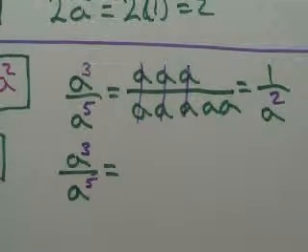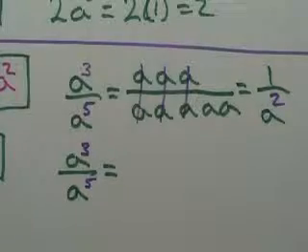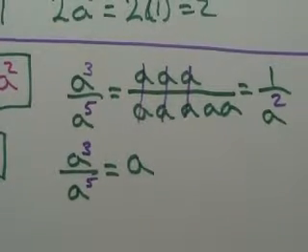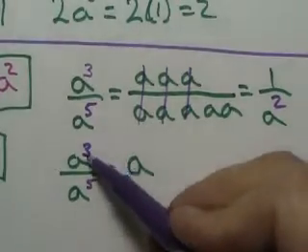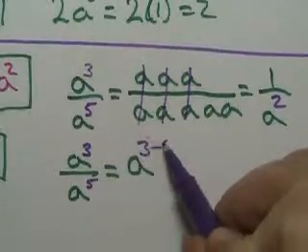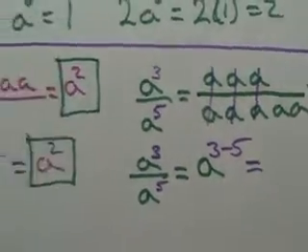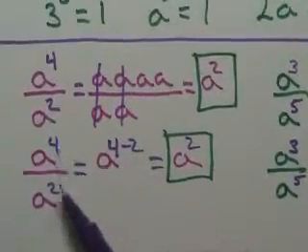Now in the next example, we're just going to go ahead and subtract. So this is going to be A to the 3 minus 5. Just like we did on this other example, 4 minus 2.